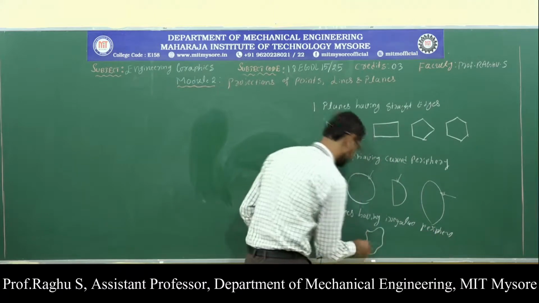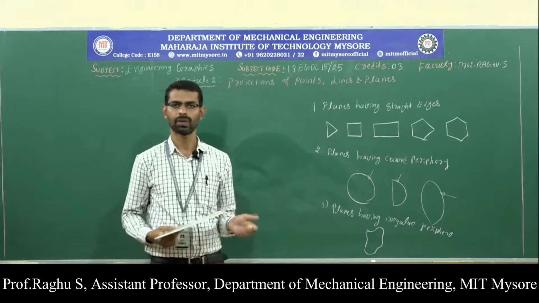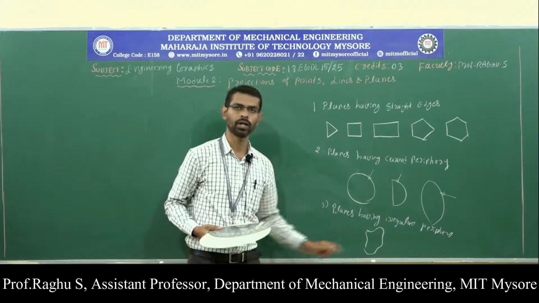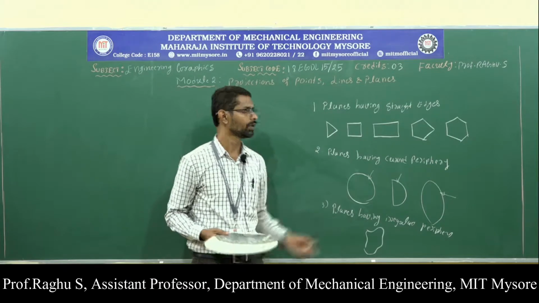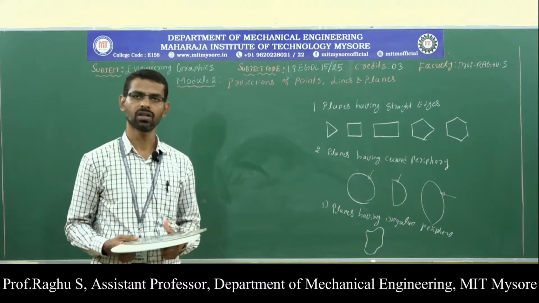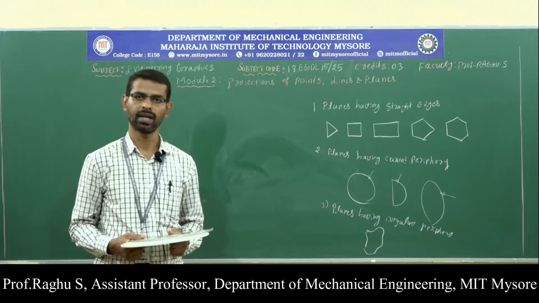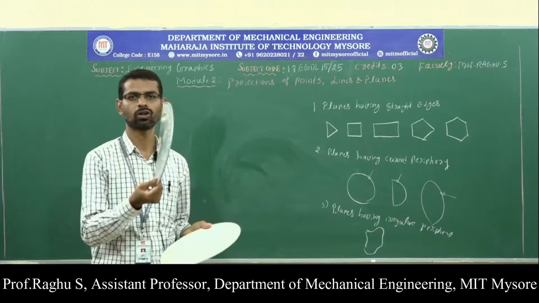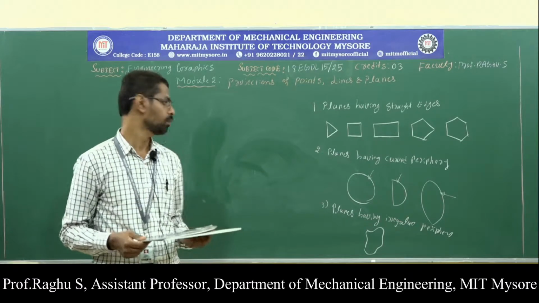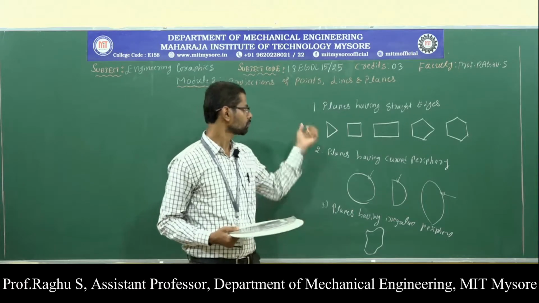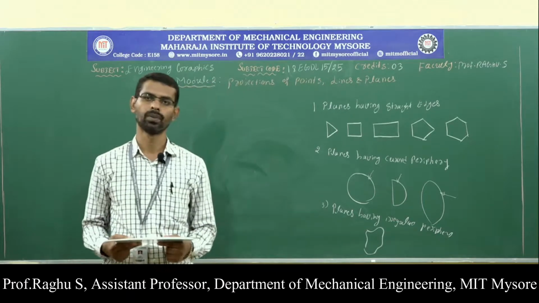Example, irregular periphery lamina. So these are all the different types of plane surfaces: planes having straight edges, planes having curved periphery, and planes having irregular periphery. So this is about the types of lamina.